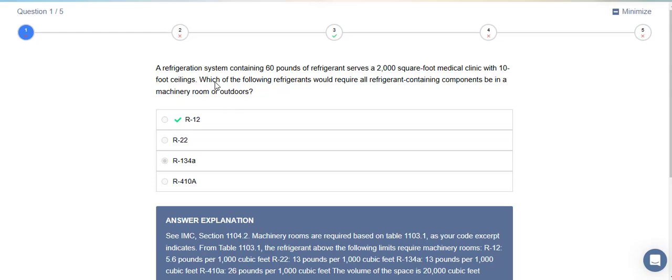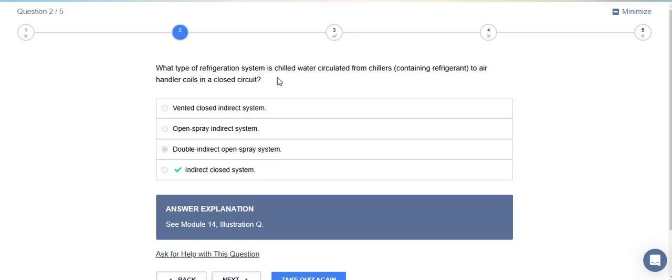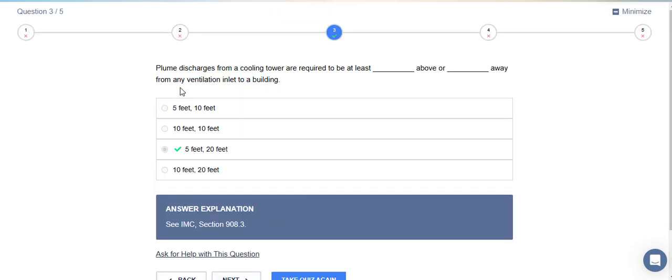Number 1, a refrigeration system containing 60 pounds of refrigerant serves a 2,000 square foot medical clinic with a 10-foot ceiling. Which of the following refrigerants would require refrigerant-containing components to be in the machinery room or outdoors? Number 2, what type of refrigerant system is chilled water circulated from a chiller containing refrigerant to an air handler coil in a closed circuit, an indirect closed system?